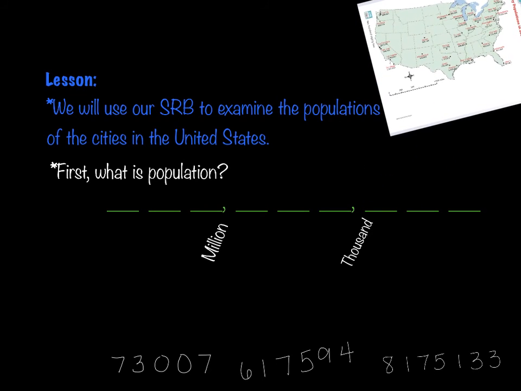Okay, so I've got somewhat of a place value locator here, I guess we could call it, with my green lines. And we can see there we've got a comma where the thousand spot is, and we've got a comma where the million spot is. And what I'm going to do is place some numbers up here, and I'm going to have you try to figure out what the value is of some of the digits.